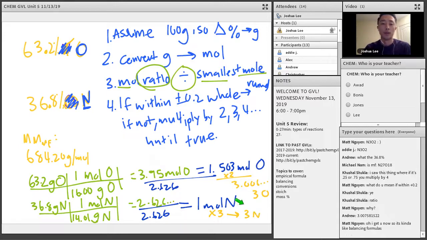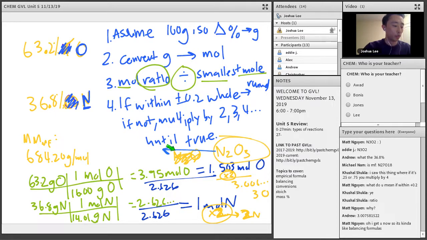So then my empirical formula would be N3O. Nope, whoops, I multiplied that by the wrong thing. 2 nitrogens, because I multiplied this by 2, I have to multiply this by 2. So this would be N2O3. Then if I compare the molecular masses, the N2O3 would be 14.01 plus 14.01 plus 48, which is 76.02.